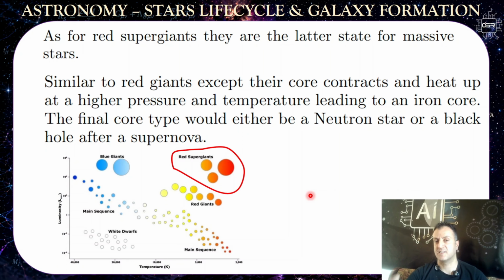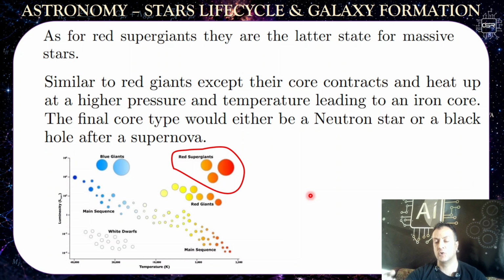So unlike smaller stars that would end up as a white dwarf then as a black dwarf, supermassive stars are transformed into super red giants, unlike the normal red giants.